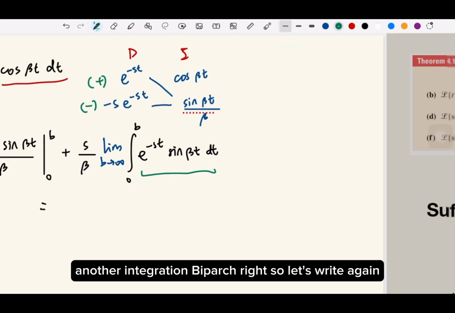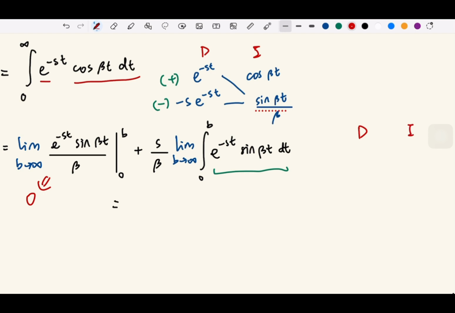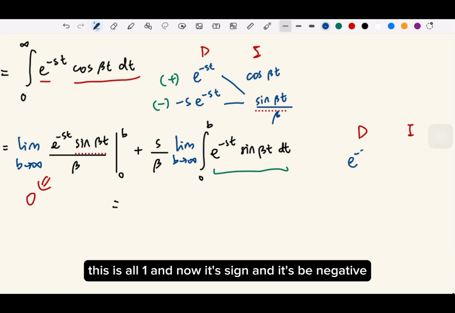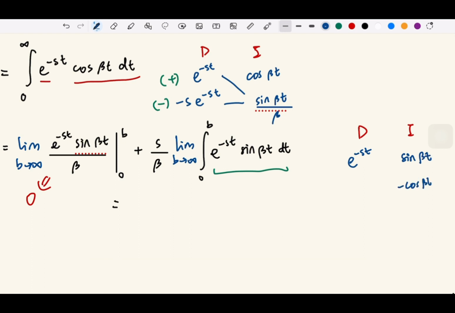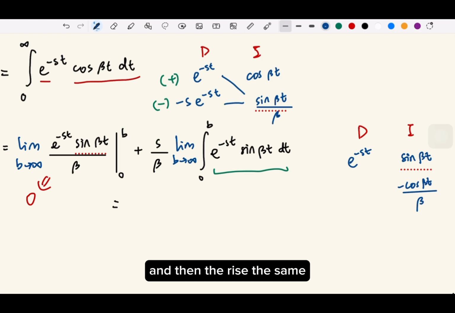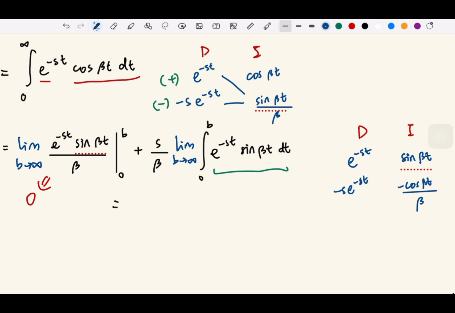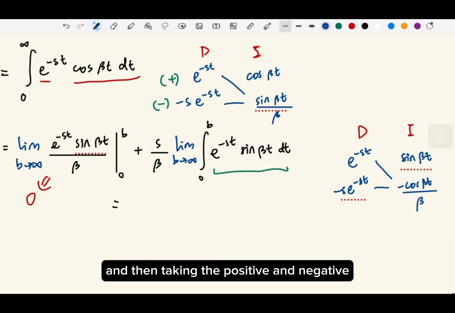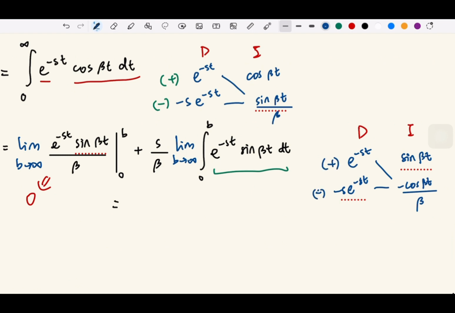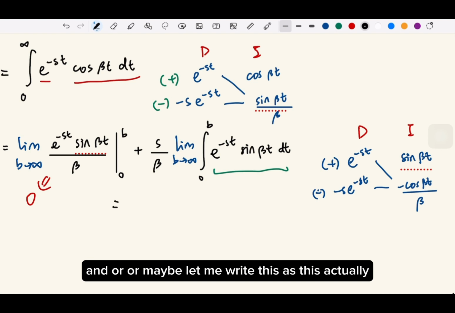So let's write this one again, and now it's sine, and this will be negative, and then derive the same, and then taking the positive and negative, and then we write, or maybe let me write this as this.